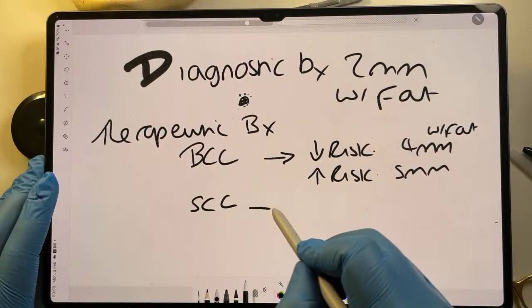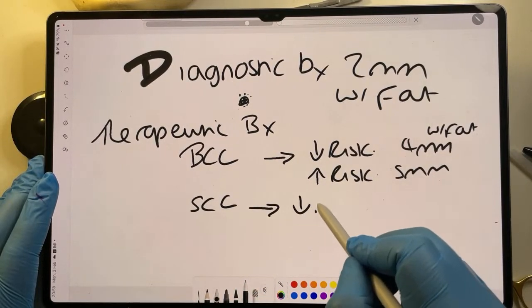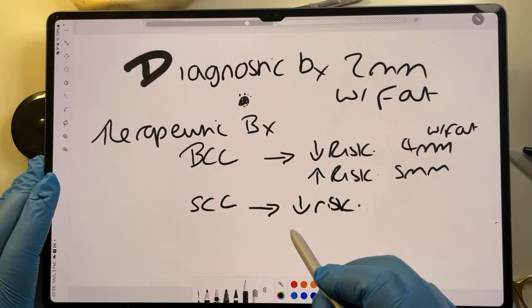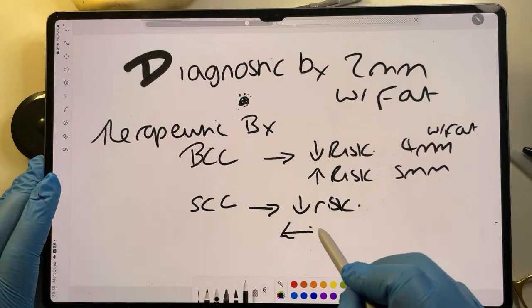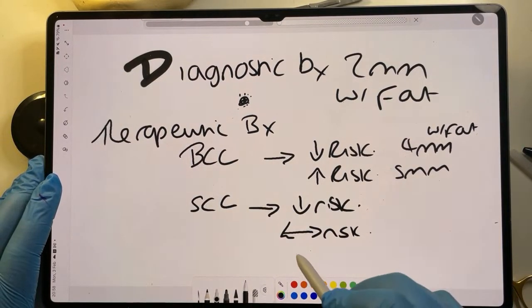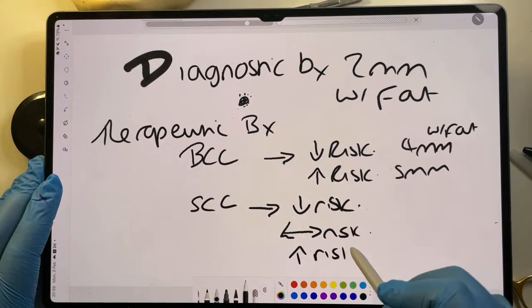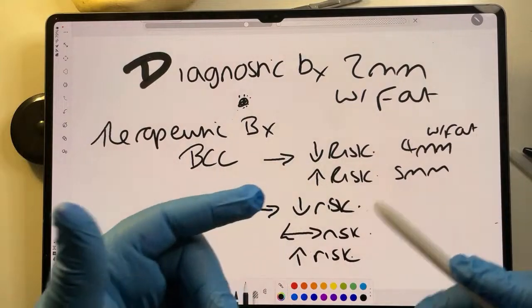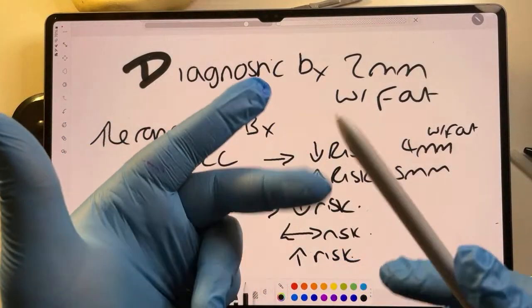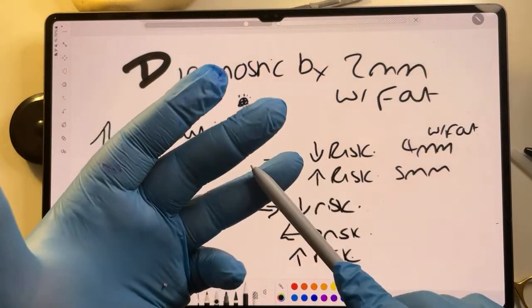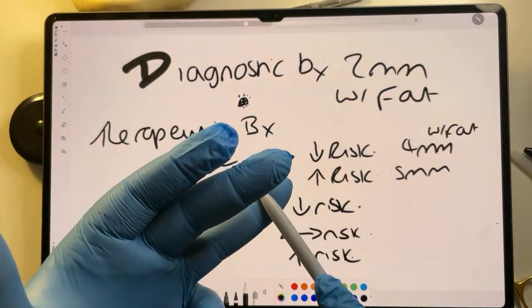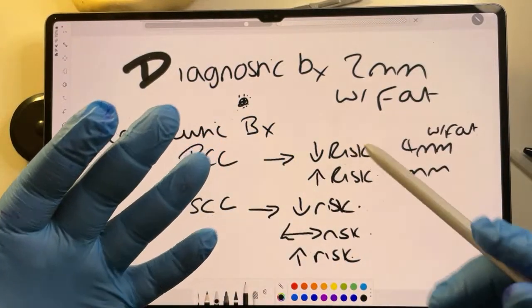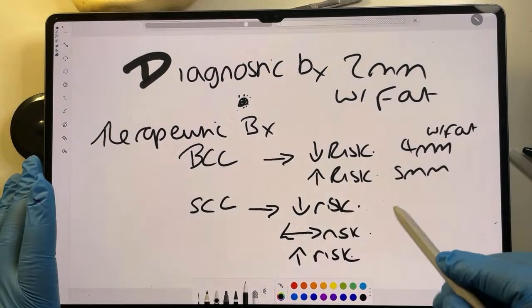SCC can be low risk, intermediate risk, or high risk. And that's based on the size, location, whether it's recurrent, the histological subtype if you've biopsied it beforehand, if the patient's immunocompromised, several different factors.